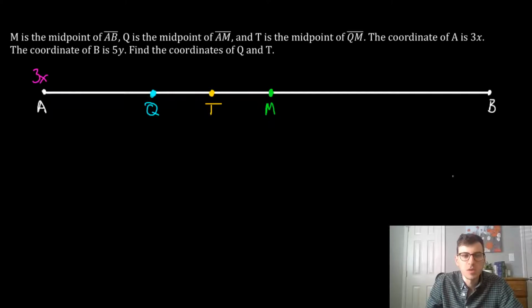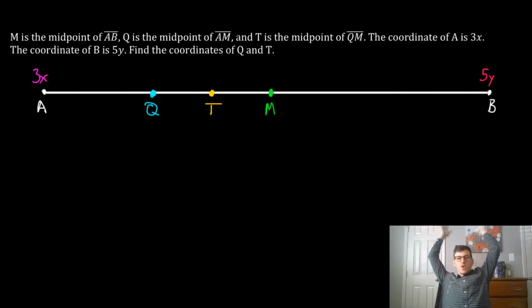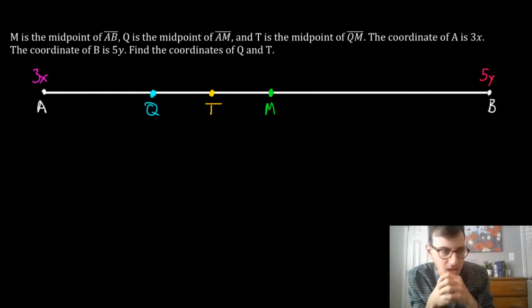The coordinate of B is 5y. Find the coordinates of Q and T. Okay, so we're going to try to find the coordinates of Q and T in terms of A and B.